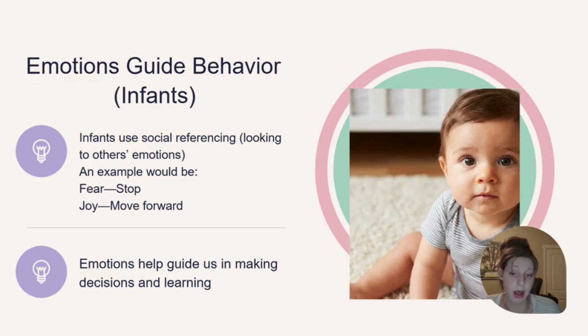So that's how it helps us be able to do those things. If we feel happy, we might be influenced to do something spur of the moment because we're in a good mood. If we feel angry, we also might do something impulsively if we are trying to act out.